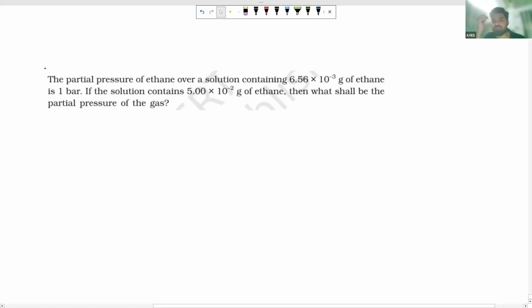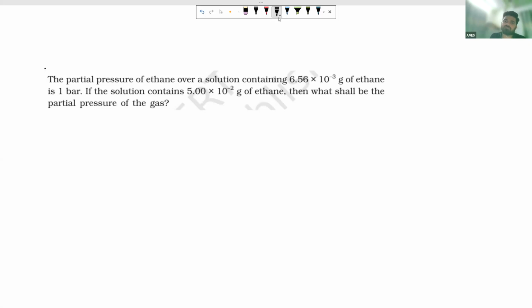The partial pressure of ethane over a solution containing 6.56 grams of ethane is 1 bar. If the solution contains this many grams of ethane, what will be the partial pressure of the gas?